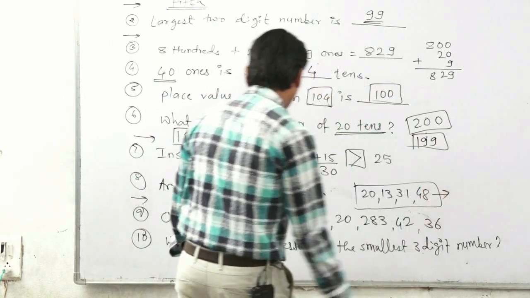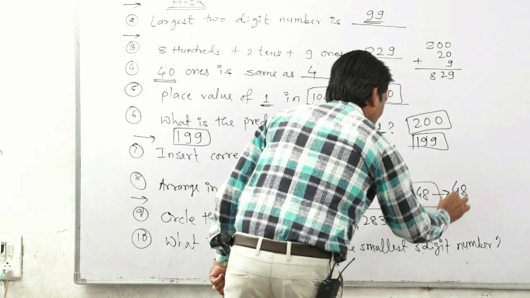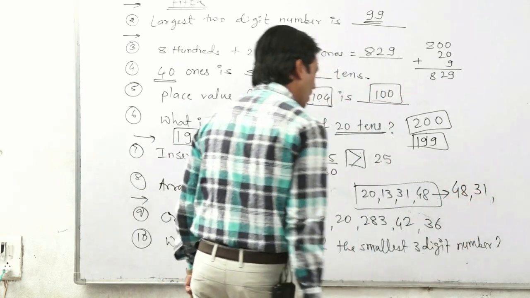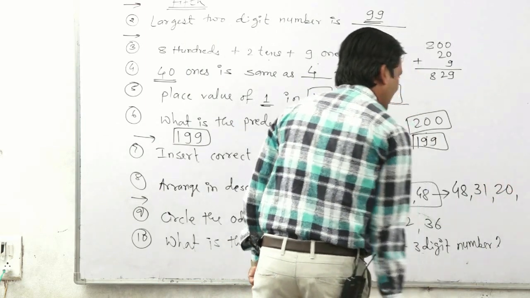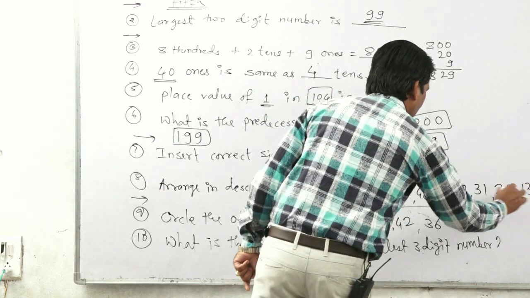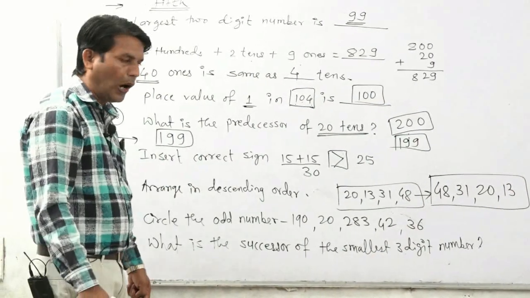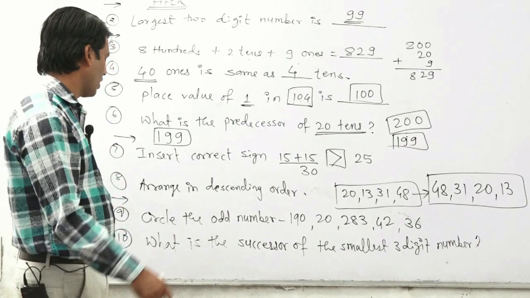Which is the largest number here? 48 is the largest one. After that we have to write 31. After that we have to write what? 20. And at last we have to write 13. Here we have arranged these numbers in descending order, meaning decreasing order.